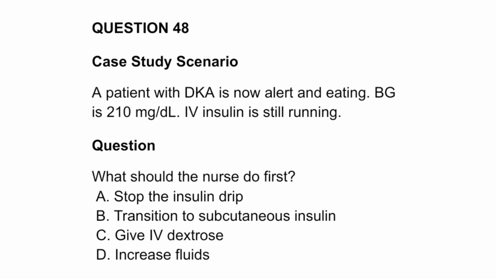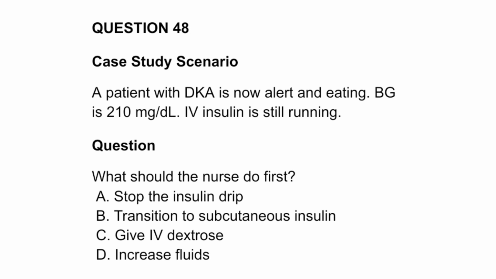Question 48. Case study scenario. A patient with DKA is now alert and eating. BG is 210 milligrams per deciliter. IV insulin is still running. Question: what should the nurse do first? A. Stop the insulin drip. B. Transition to subcutaneous insulin.